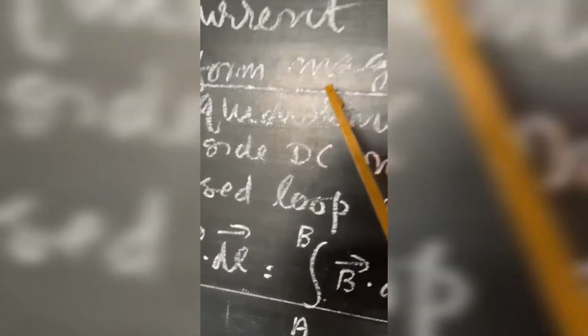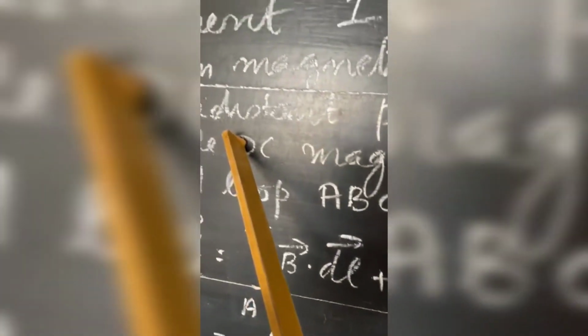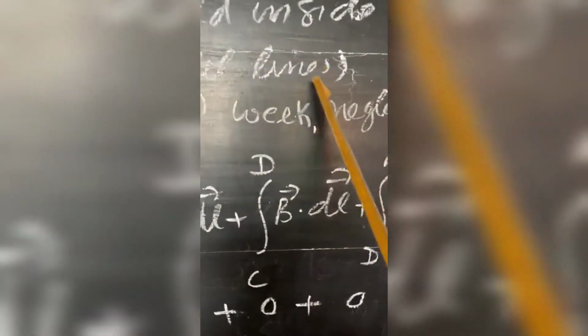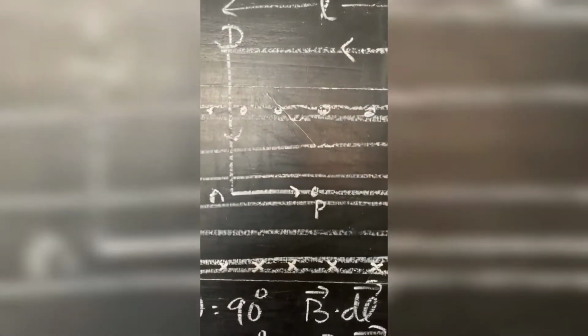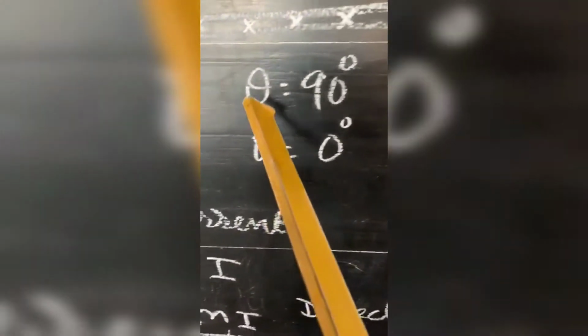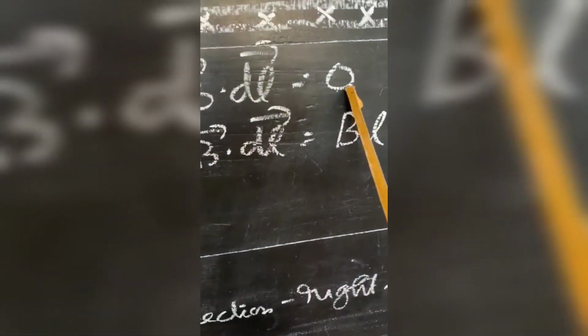A uniform magnetic field is produced inside, so it is represented by equidistant parallel lines. Then along BC, this is outside, so you can consider that the magnetic field is very weak and neglect it. If theta equals 90 degrees, B dot dl will be 0.